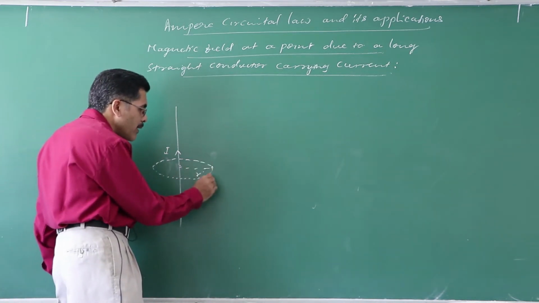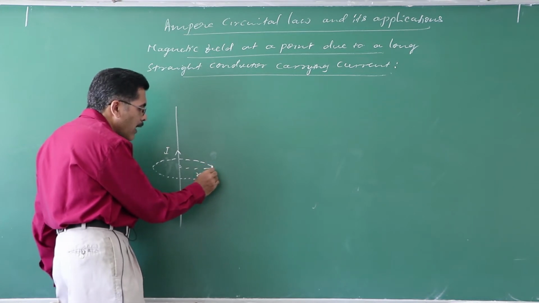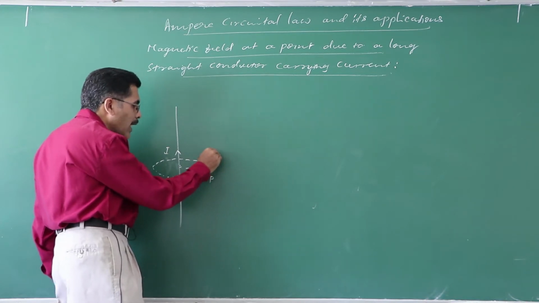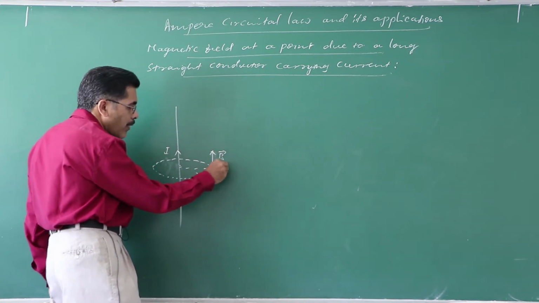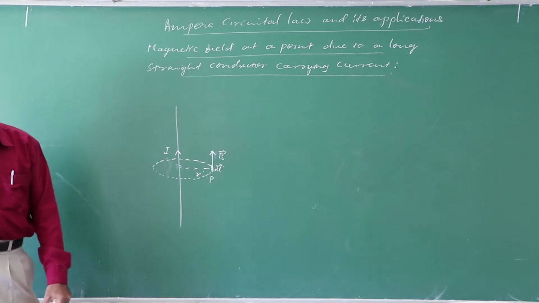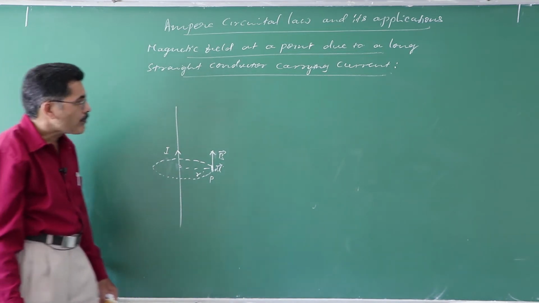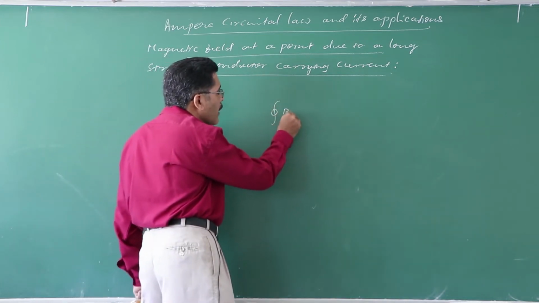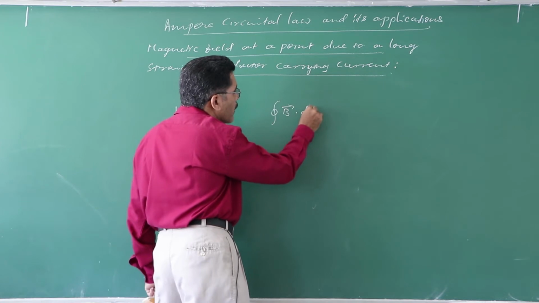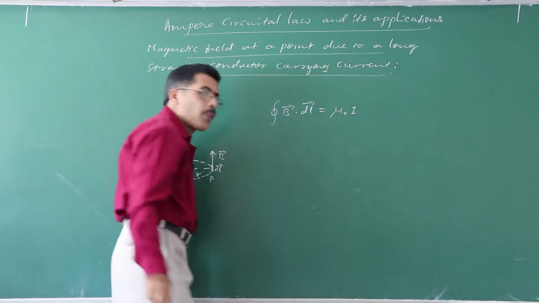This is the line element, and the magnetic field here is tangential to the line element or length element. So let us make use of Ampere's circuital law: the line integral of B dot dl is equal to mu naught into I.